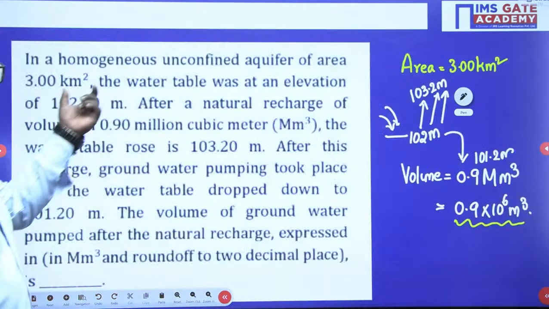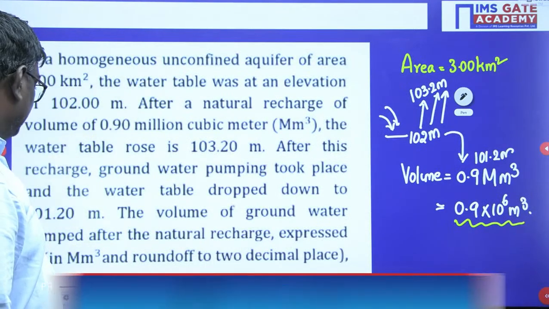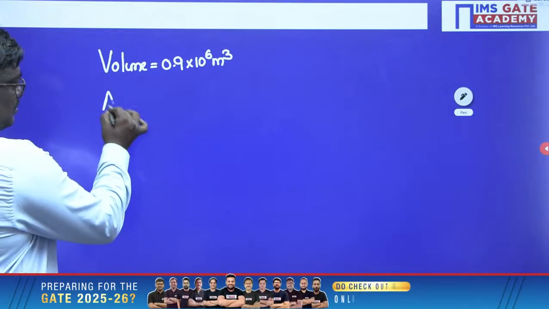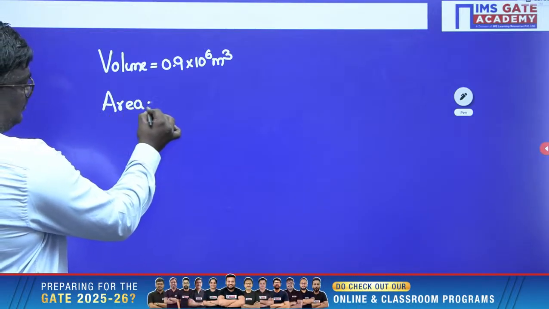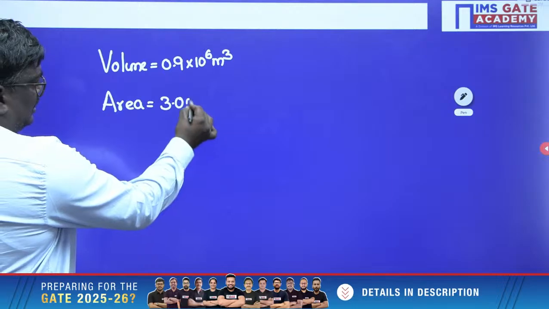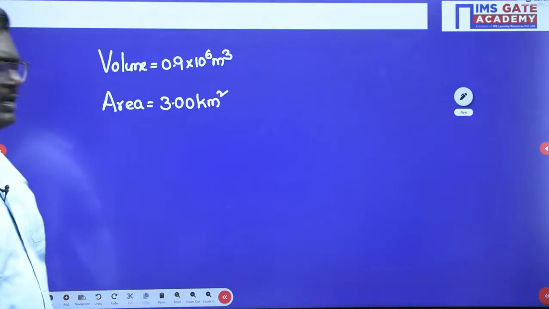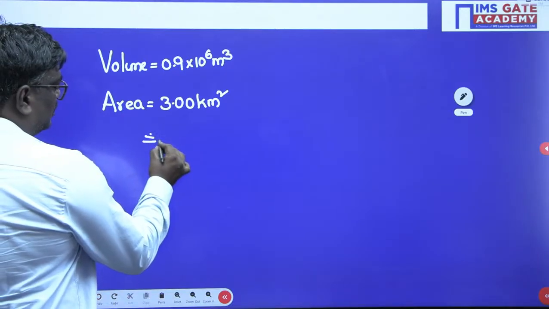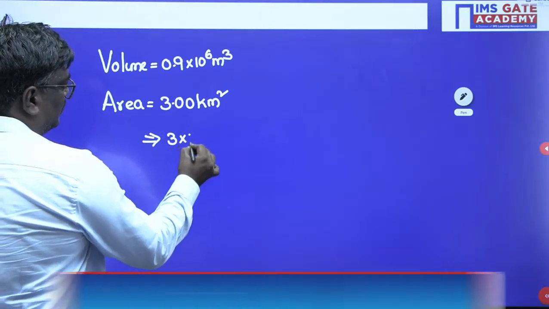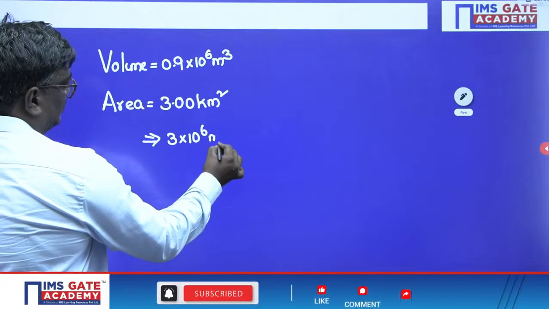And here the area they have given is 3 kilometer square. So if I take the area as 3 kilometer square, then it is equal to 3 into 10 power 6 meter square.